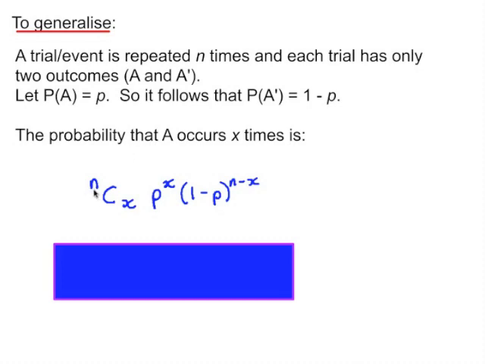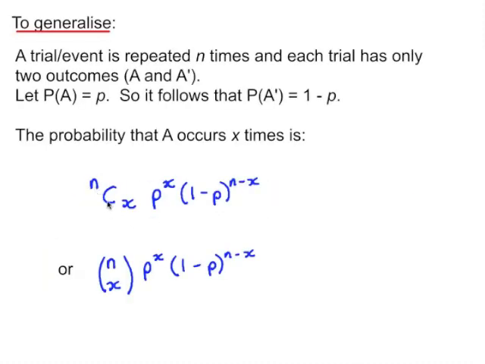And for that it's N choose X, P to the power of X, 1 minus P to the power of N minus X. So remember, N was the number of flips of the coin in our example, so that was 8, choose, and then let's say 3 for X, then that would be P cubed and 1 minus P to the power of 8 minus 3, which would be 5.